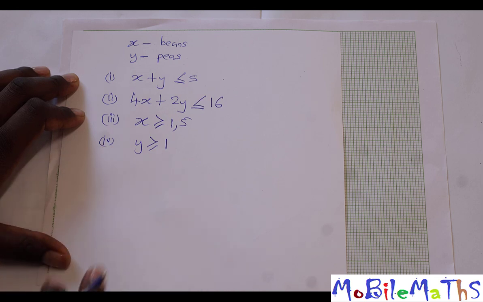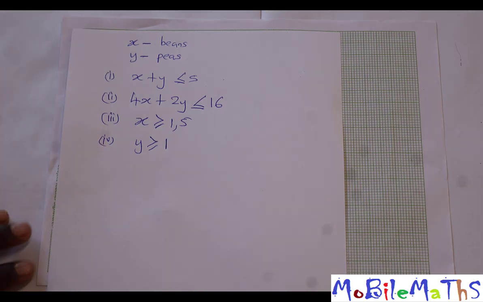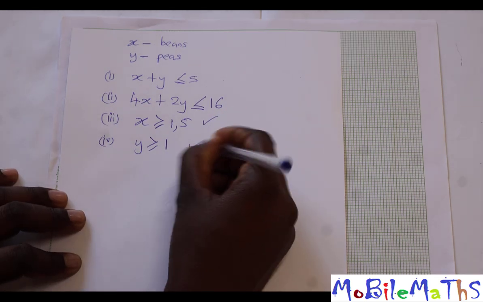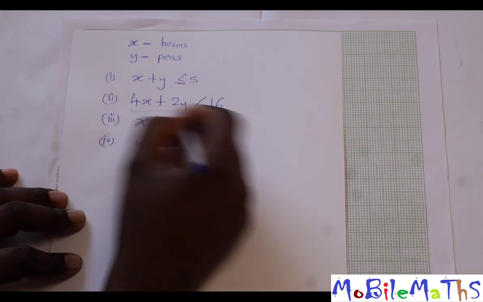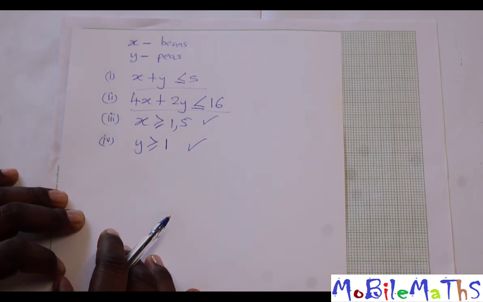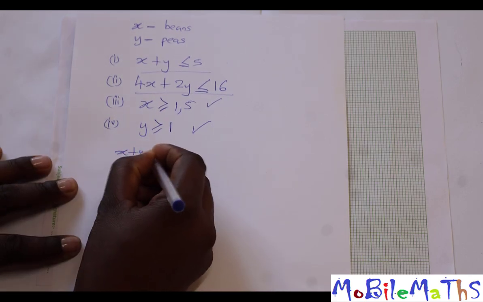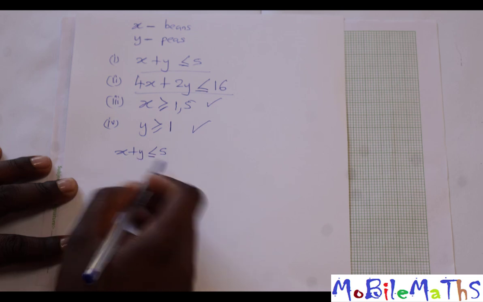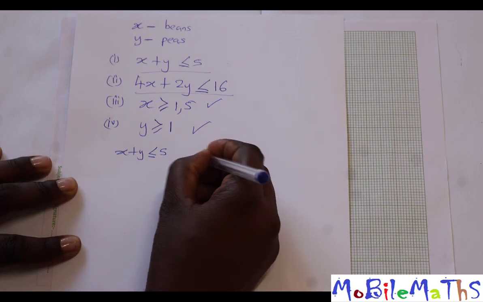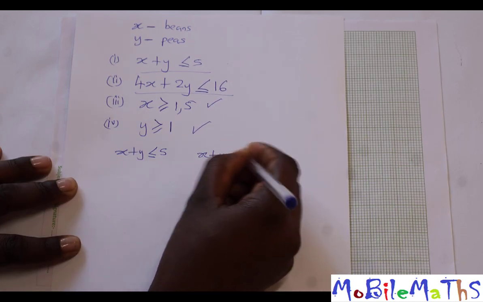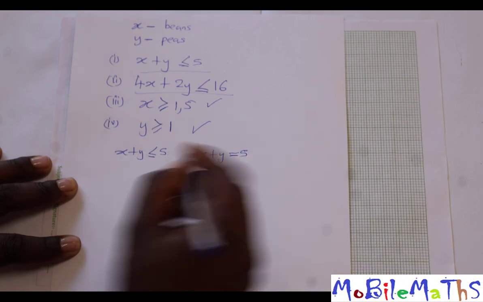So these are the 4 equations that we are going to be using. These ones are straight lines, they are okay to deal with. Then for these ones I'm going to draw some tables. For x plus y less or equal to 5, I can write x plus y is equal to 5, then I can come up with a table.